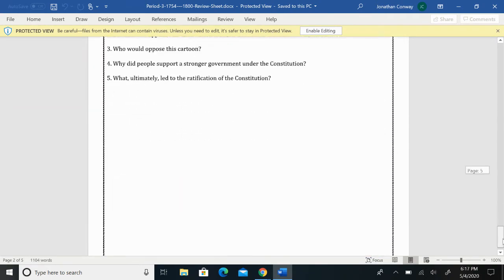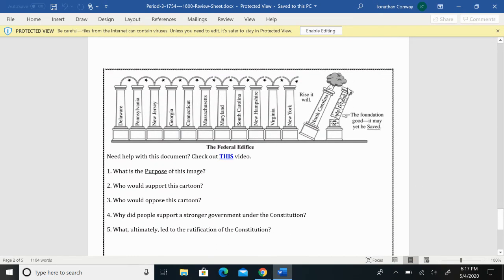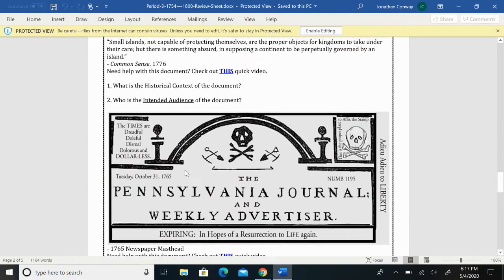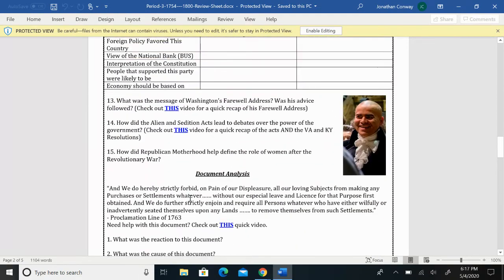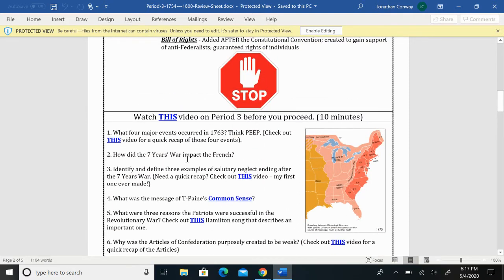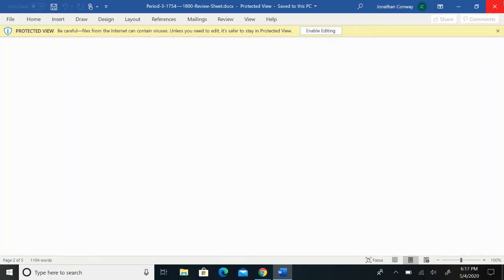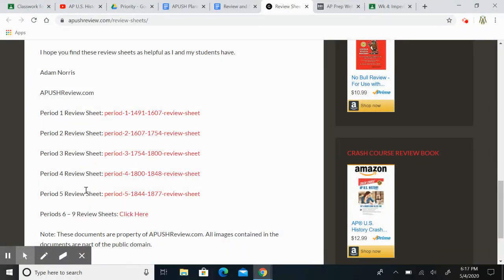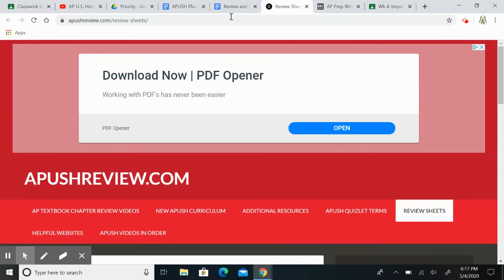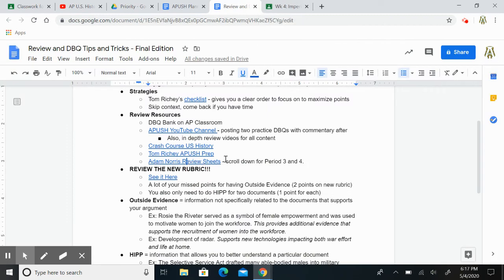And they're not absurdly long. Oh, look, it's our image from the last DBQ. And purpose, support, oppose, boom. Got little things for you to work through. Some document analysis, a lot of document analysis here, and then some of the key things. So if you prefer review as hands-on, I recommend these. It only has 3, 4, and 5 free. Then he tries to suck you in, so you have to pay for the other ones. But very good resources. I use his slides in class, so I recommend Adam Norris as well.